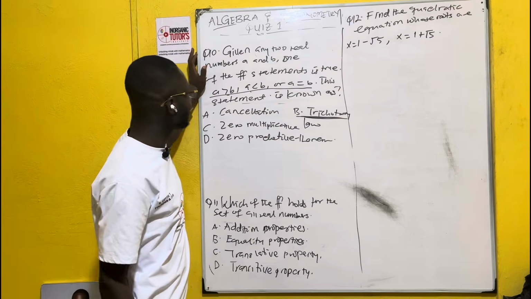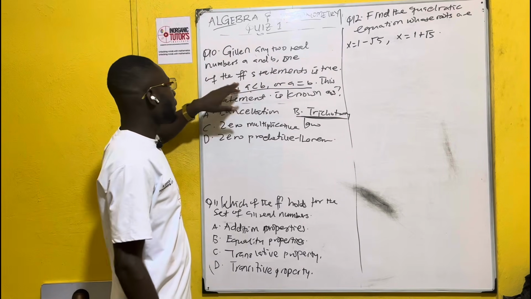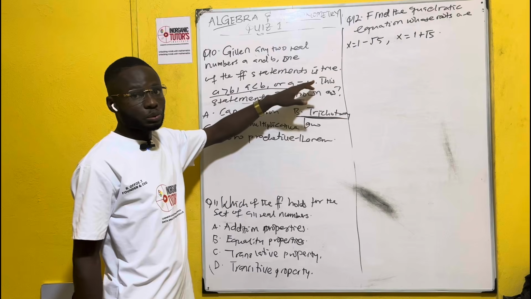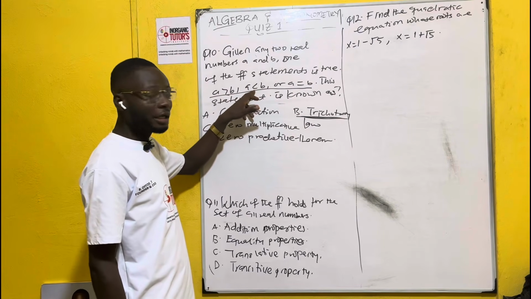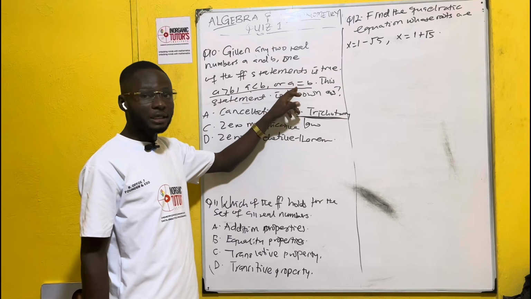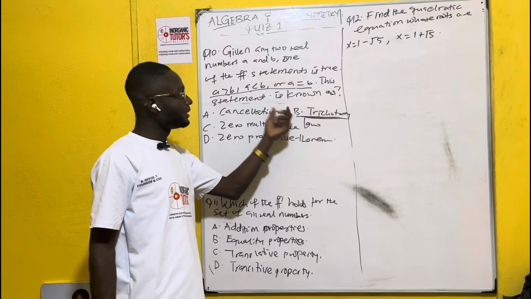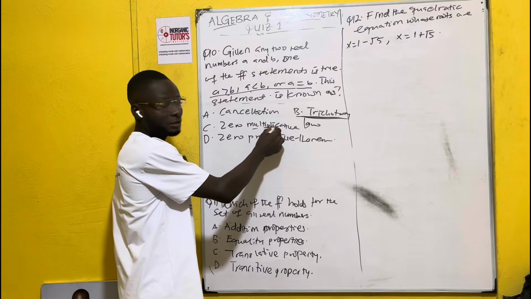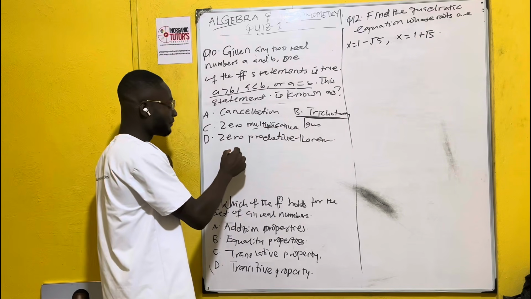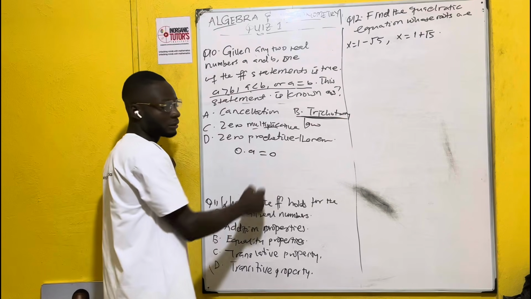With question number 10, given any two real numbers a and b, one of the following statements is true: a greater than b, a less than b, or a is equal to b. This statement is known as the trichotomy law. We have the zero product law where you have 0 times an argument, and this is equal to 0.